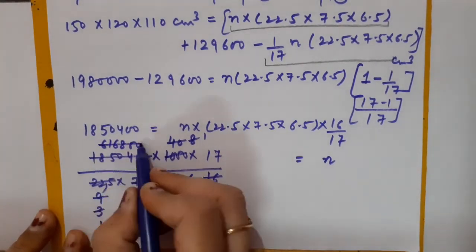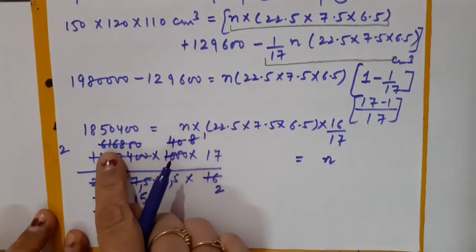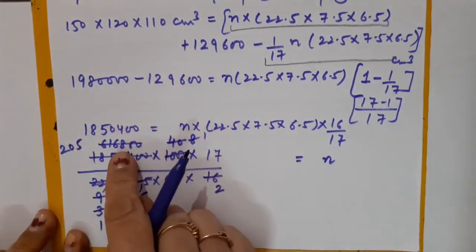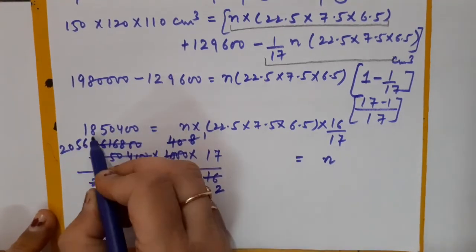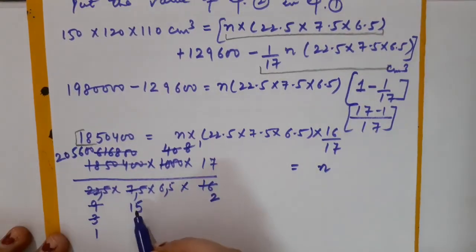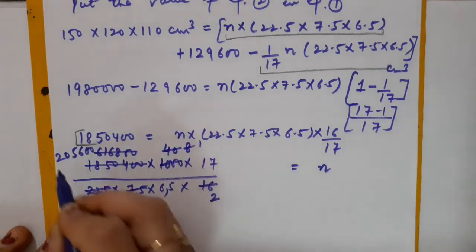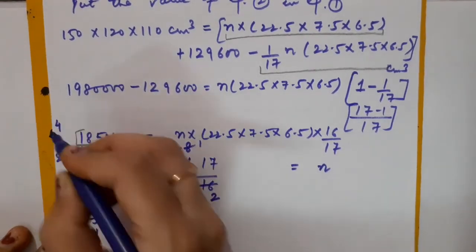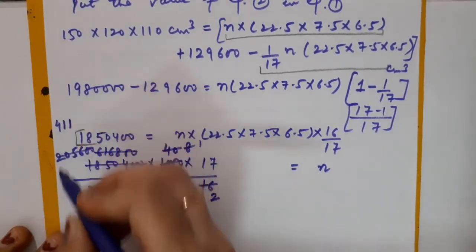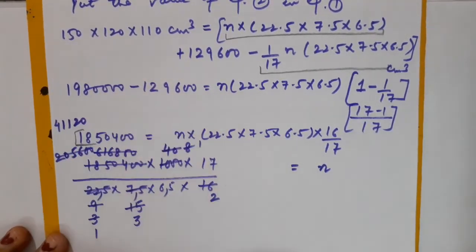3 1s are 3. 3 2s are 6. Then 0. Then 5 3s are 15. 6 3s are 18 and then double zero. Now cancel by the table of 5. 5 4s are 20. Correct?